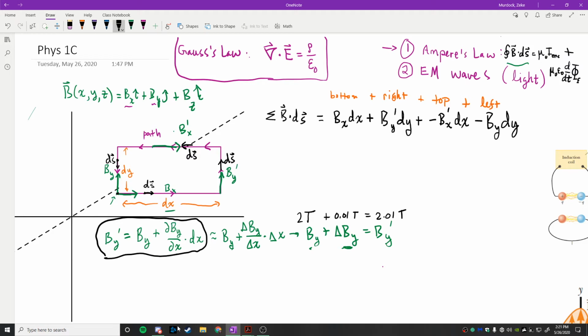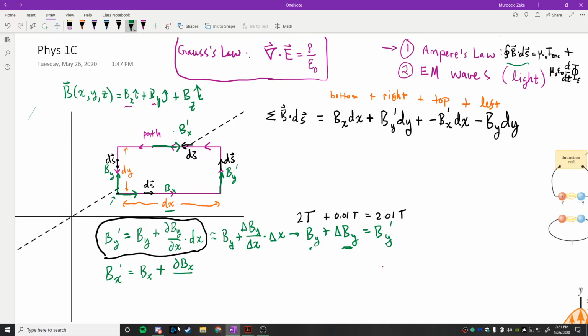Now, you guys tell me, hopefully you can see the pattern here. Suppose I know what Bx is, and I want to find what Bx prime is. I would argue we can do basically the exact same thing. I can say Bx prime should be equal to the value of Bx on the bottom plus the rate at which that changes. And now look at what we did here.